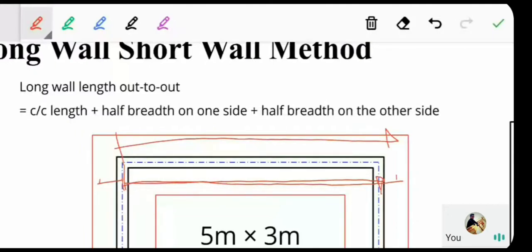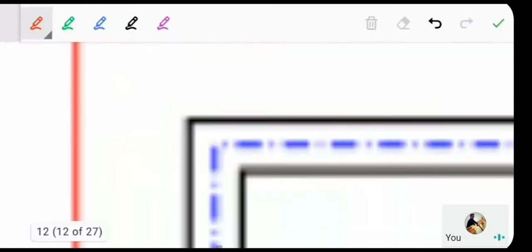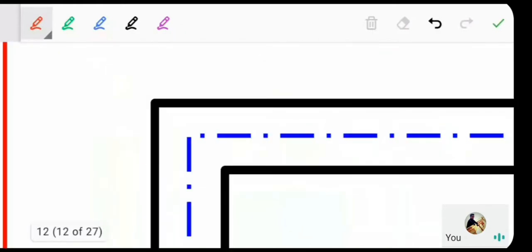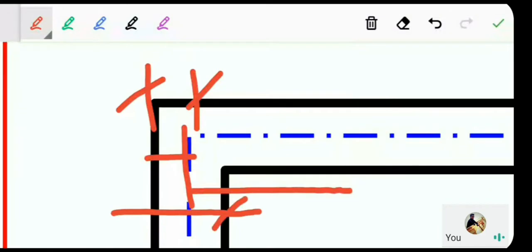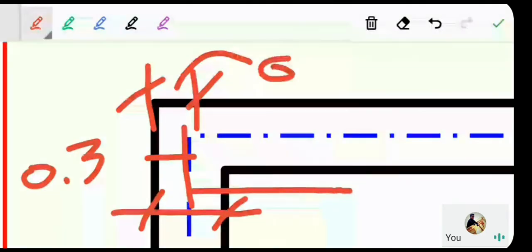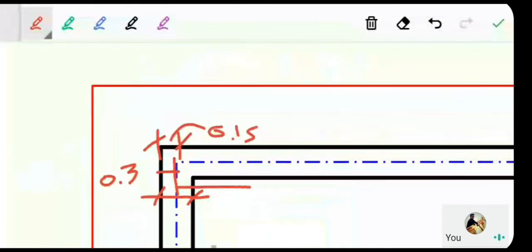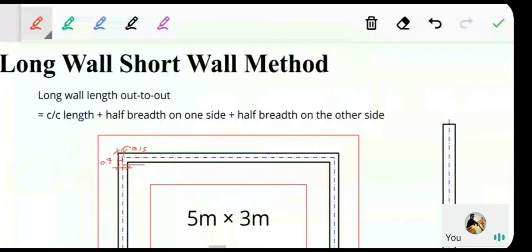Half width on the one side. The center line is in the middle of the width, so up to here we have already considered the center line, therefore you have to add this half width. The total width of the particular wall is 0.3, so this half will be 0.15. Similarly, we have to add the other half from the other side.